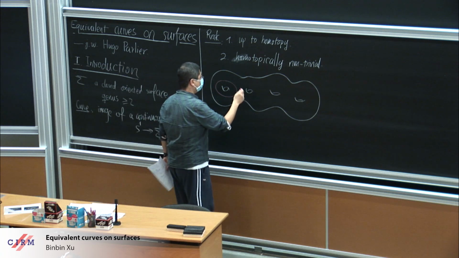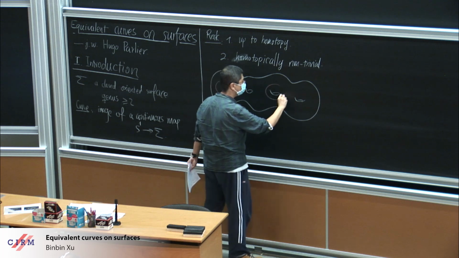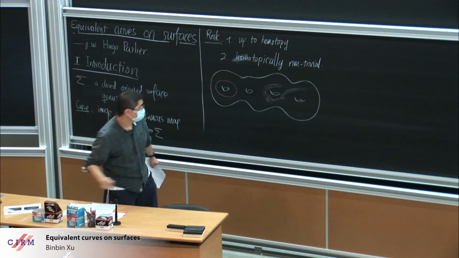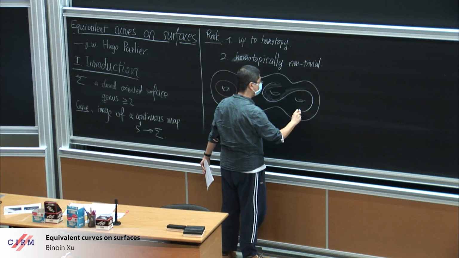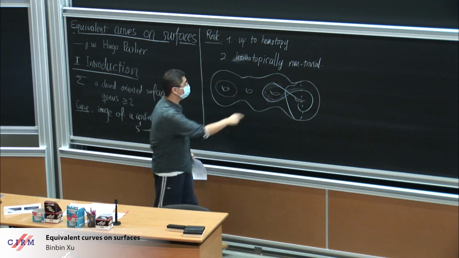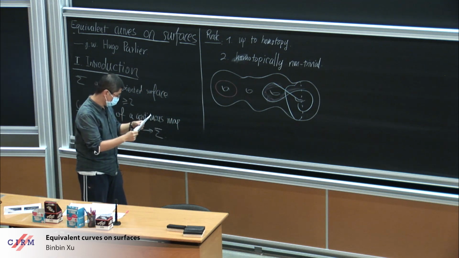And you can also have a curve which, I use a different color, can go this way. So you can see there's self-intersection coming in.